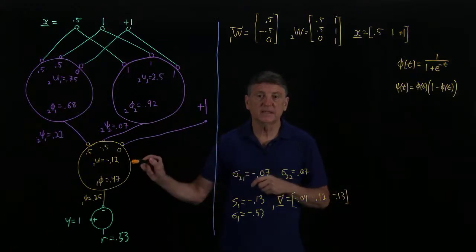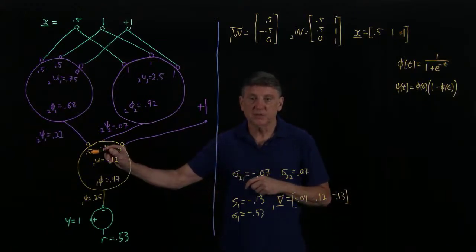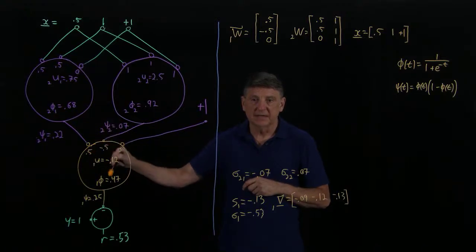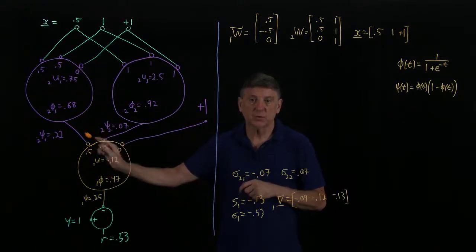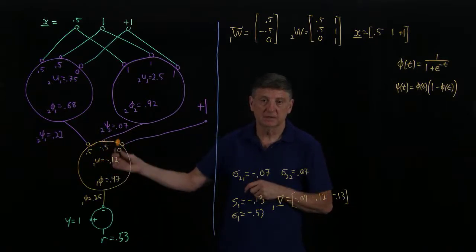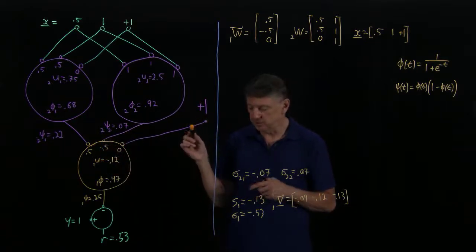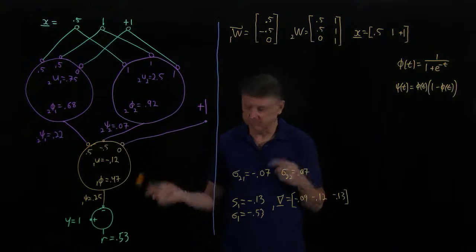Sticking with this neuron, we take its weight and its scale factor, and that's what it's going to backpropagate to these. And it doesn't get backpropagated to a constant because we just never differentiate a constant, right?